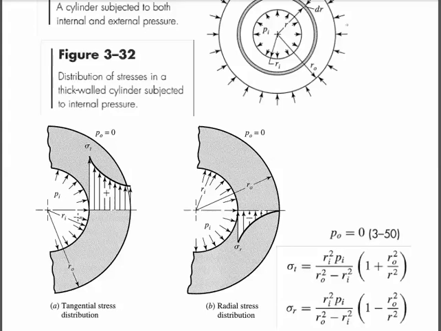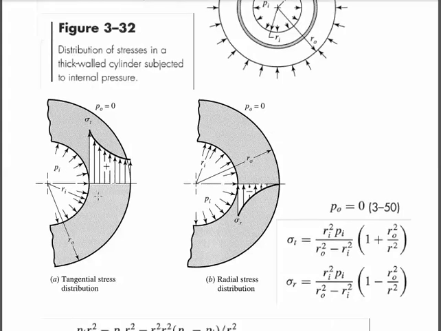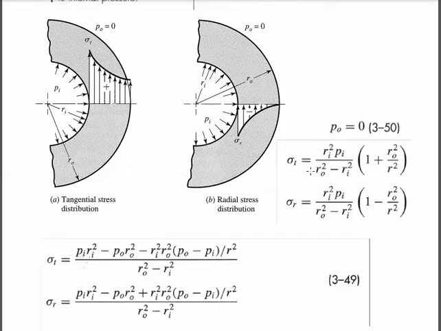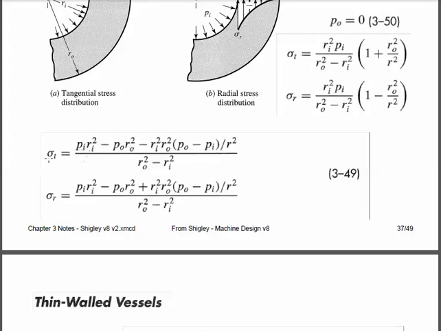In the tangential direction, we would have large tangential stress, also called hoop stress, at this inner fiber, diminishing to the outer fiber, but even though the pressure is 0 at this outer fiber, this stress does not diminish to 0. These are the equations for the tangential and radial stress if the external pressure is 0. These are the equations for tangential and radial stress if the external pressure is not 0.